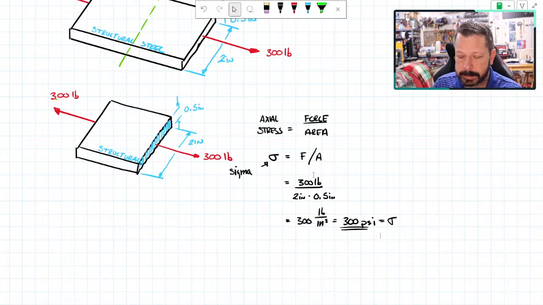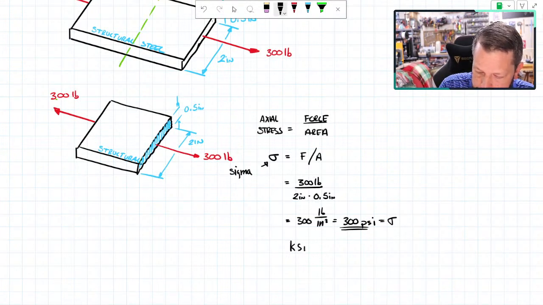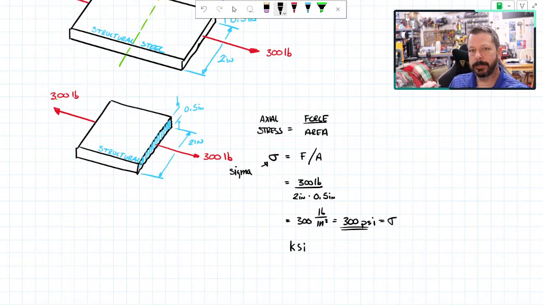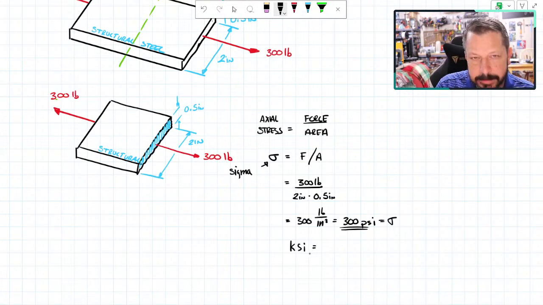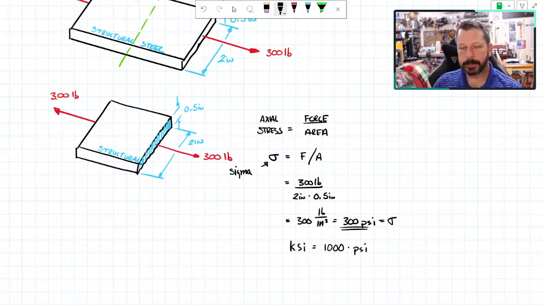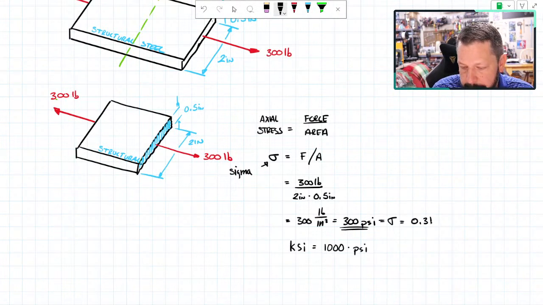Well, KSI is a weird thing that combines the US customary units with the prefixes from the metric system. KSI takes the K from kilo and says that a KSI is 1,000 PSI. So our little number, 300 PSI, would equal 0.3 KSI.